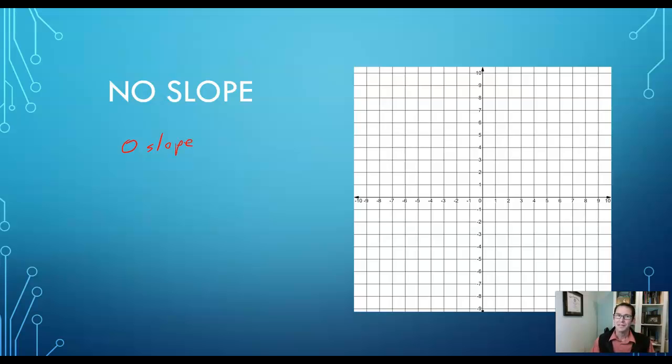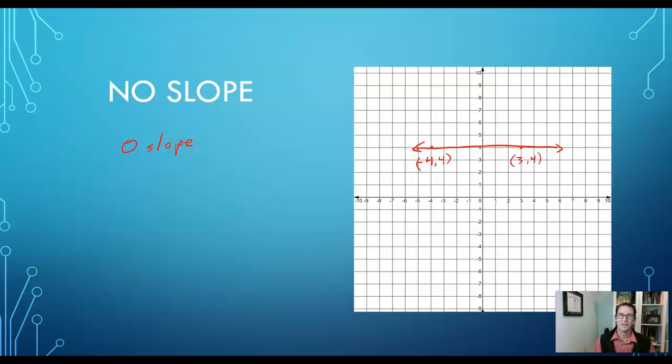Here's an example of a zero slope or no slope. I'm going to draw a horizontal line. This point is negative 4, 4. And this point is 3, 4.